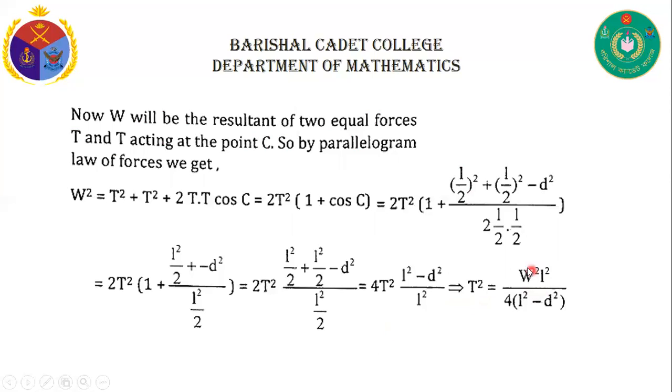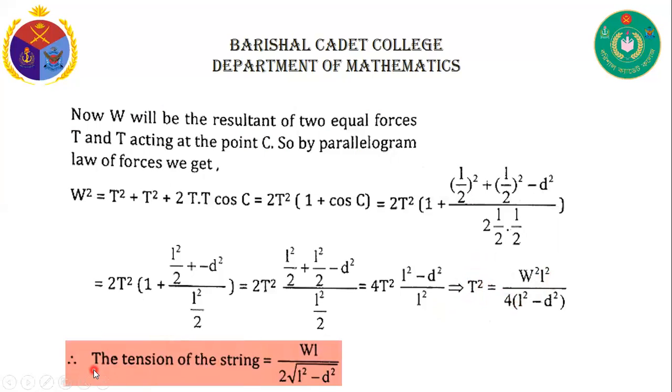The tension of the string is T square. Okay, so if we take the square root, then it is WL divided by 2, and the square root of L square minus D square. So the tension of the string is WL divided by 2 square root of L square minus D square.